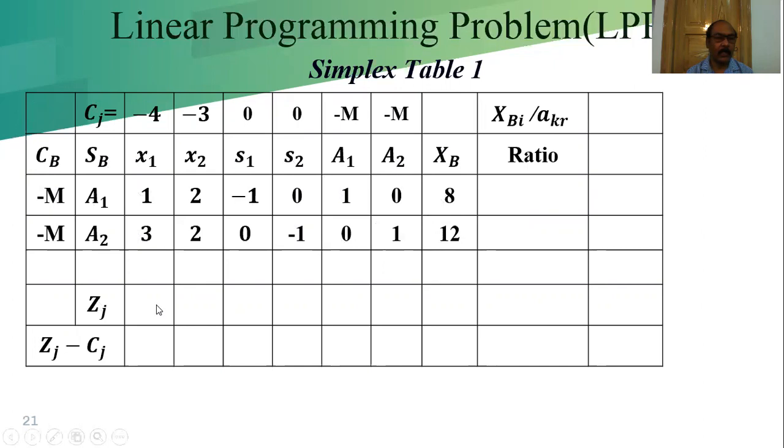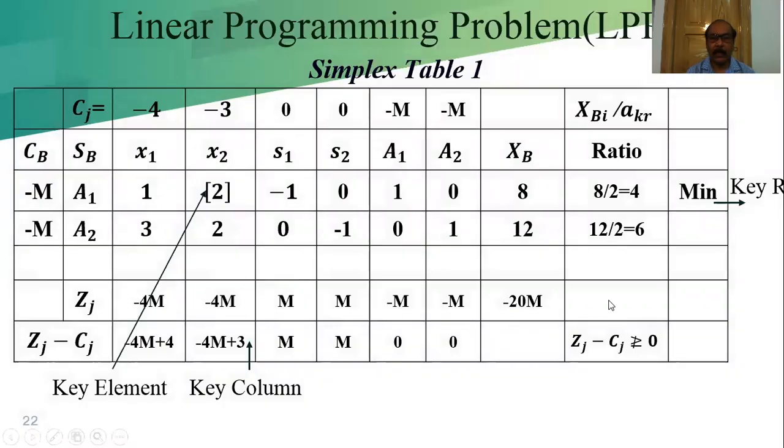First we calculate Zj, then Zj minus Cj, then check whether all Zj minus Cj are greater than or equal to 0. If not, we find the most negative Zj minus Cj, which gives the key column and the variable to consider.